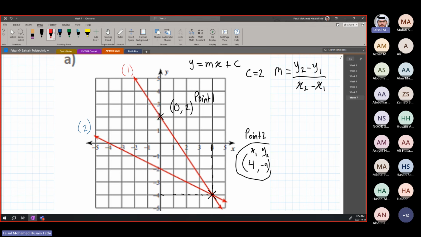Let me put it in red because this is for equation 1. Oh, sorry, I made a mistake. This is y2, x2. This is y1, x1.